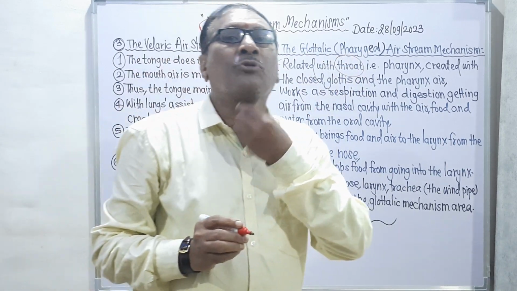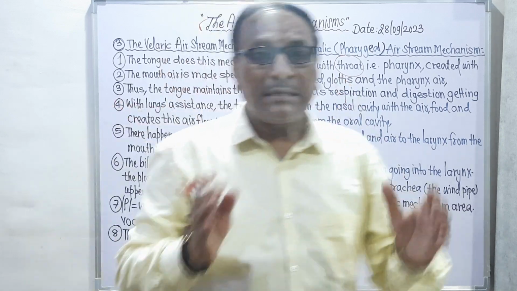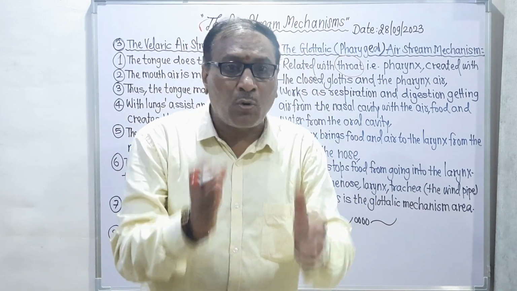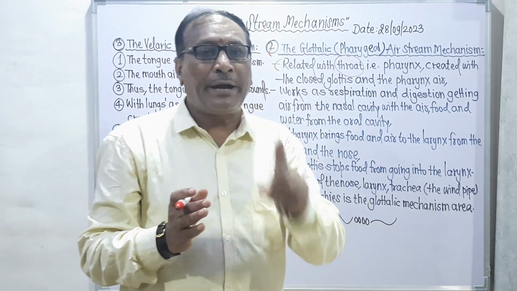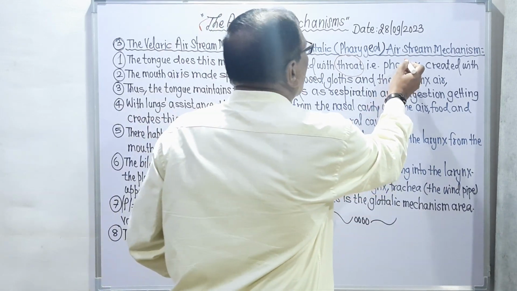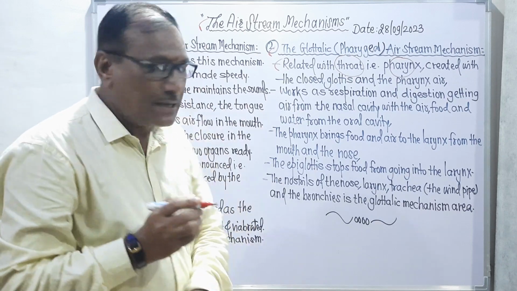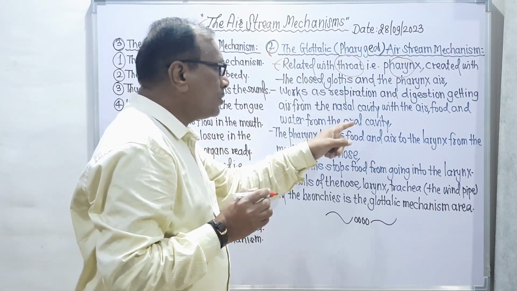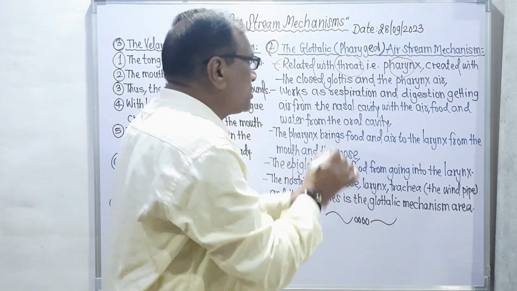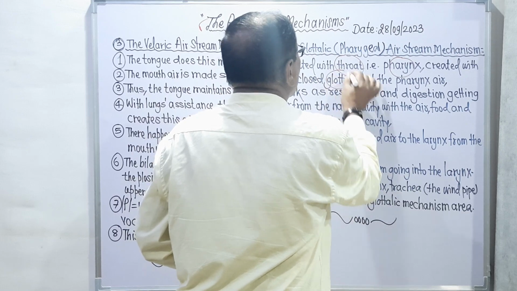The throat helps us to produce the sounds, and that throat is called the pharynx. Remember, the throat, that is the pharynx, and it is created with the closed glottis.